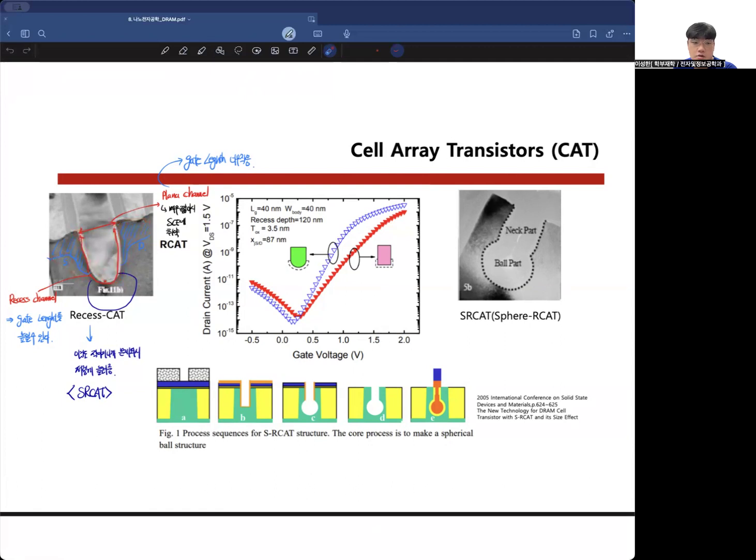It makes a much longer gate length, so we solve this problem. Not quite, but then the scaling down goes much smaller and the SCE problem occurs again. So you can use a channel shape like this. This is an SR cat.